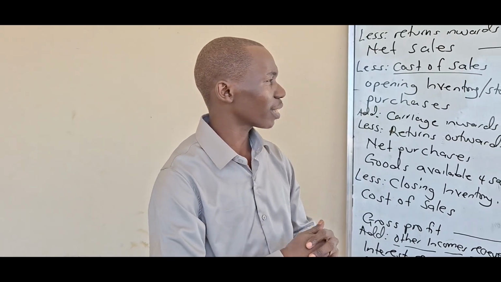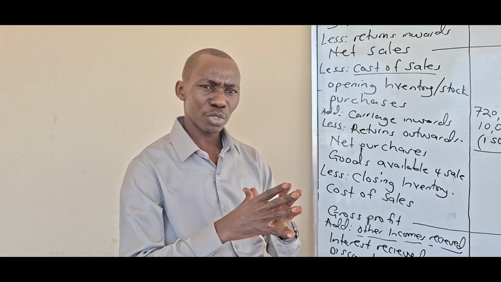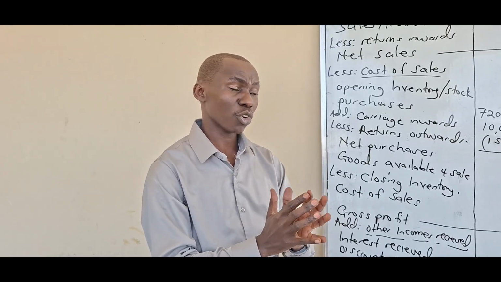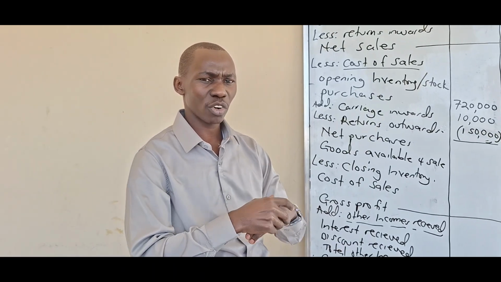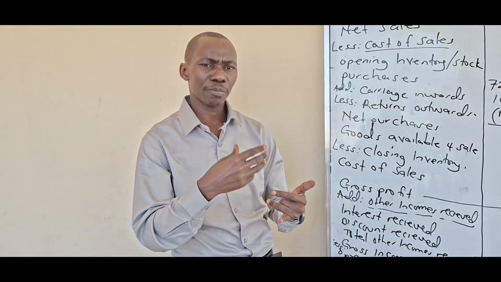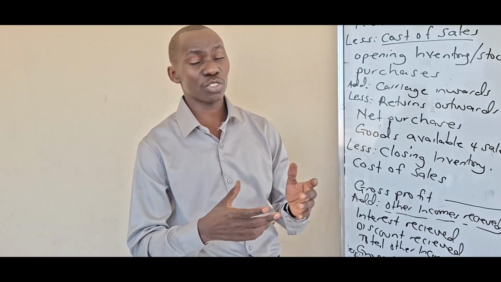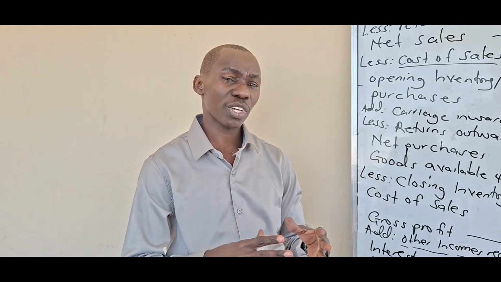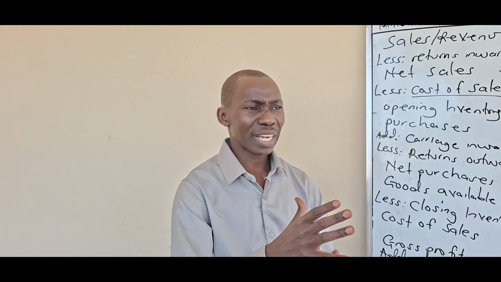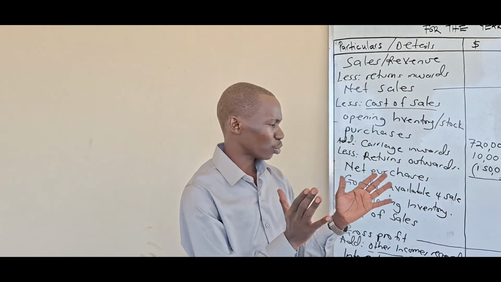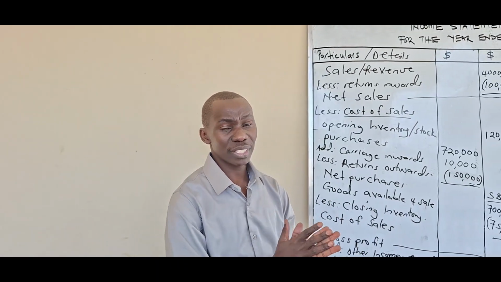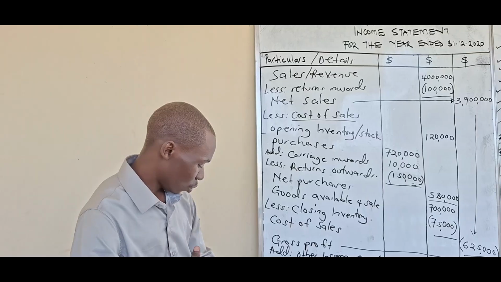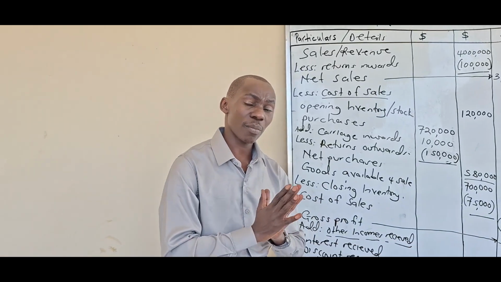The moment we master the format, any question they present to you, you can as well deal with elements of our income statement, as I have already communicated. That include the revenue for the business or sales. You look at cost of sales, you look at the gross profit, you look at other income received from other sources, you add on your gross profit, subtract any operating expense, and you get your net income or net profit.